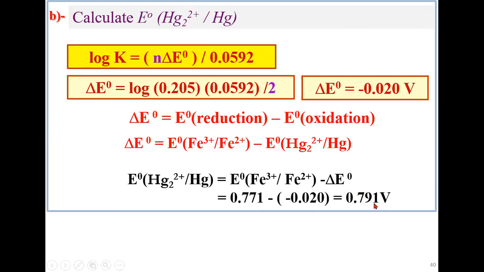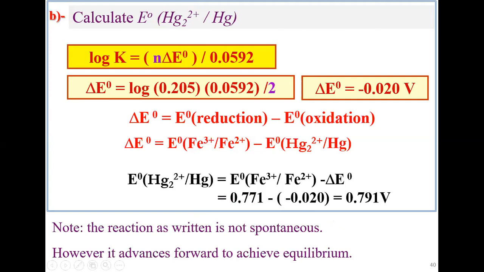And so the mercury should have undergone reduction, not oxidation, under standard conditions. Of course, we are working under non-standard conditions, so it doesn't go in the same way. In this case, it happens that the standard is not the same as the non-standard.